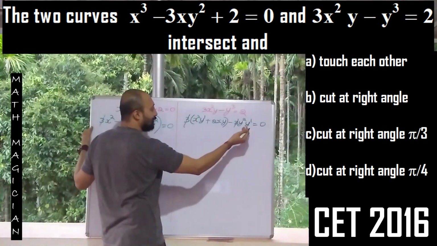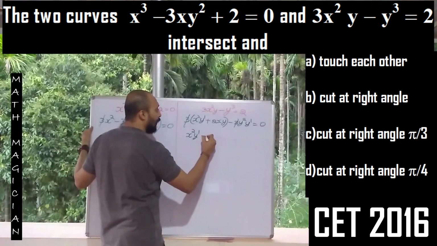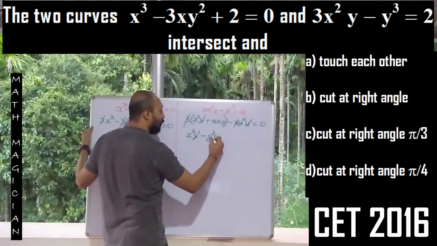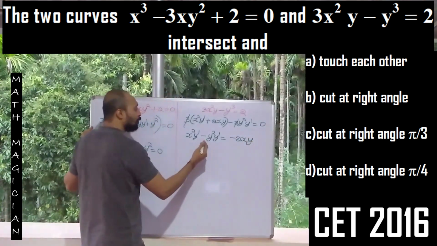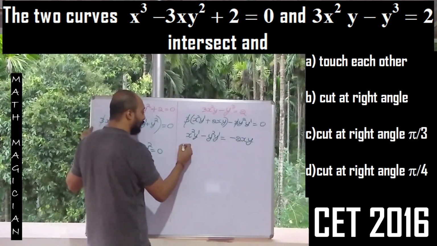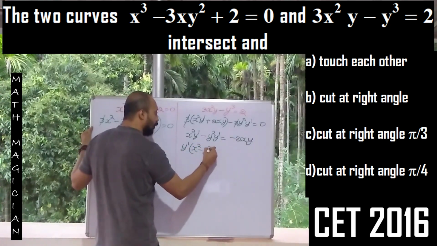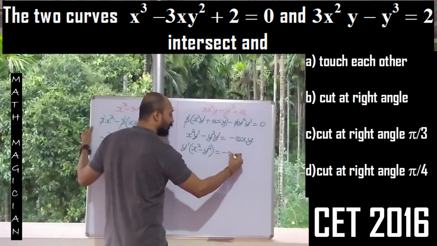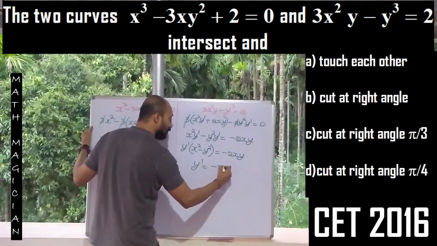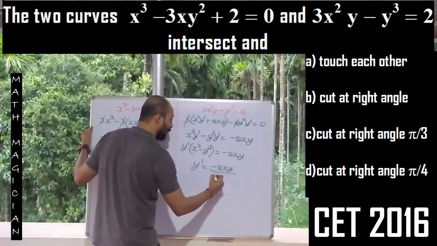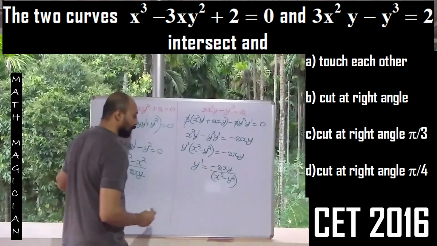So I will take this that side, I will bring this here. So x square y dash minus y square y dash is equal to minus 2xy. So what happens here is I will take y dash common out, I have x square minus y square is equal to minus 2xy. So y dash is equal to minus 2xy divided by x square minus y square.